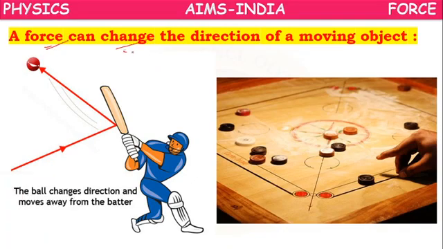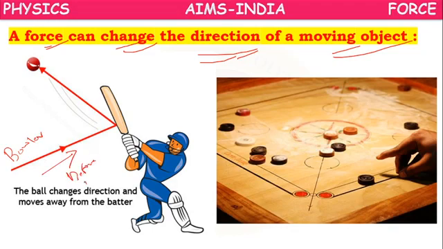A force can change the direction of a moving object. So in the game of cricket, the bowler is bowling the ball. The ball is coming in this direction, before applying force.